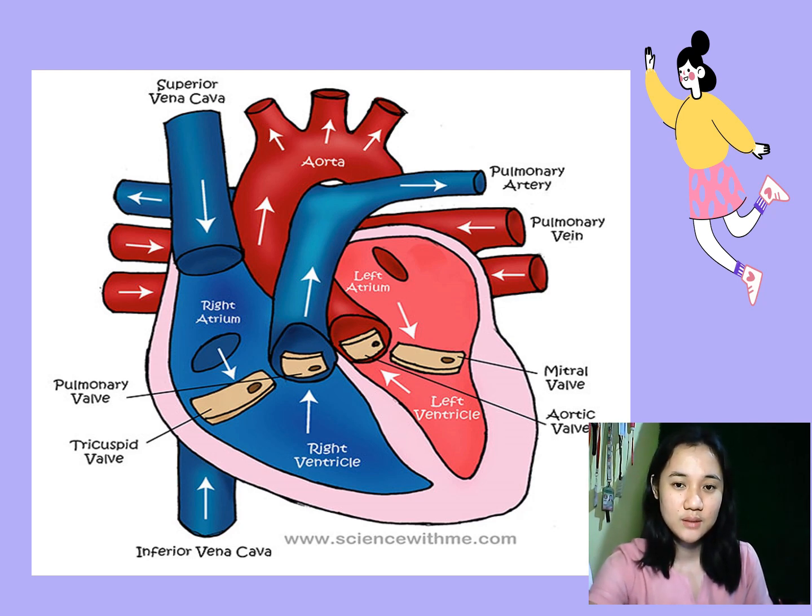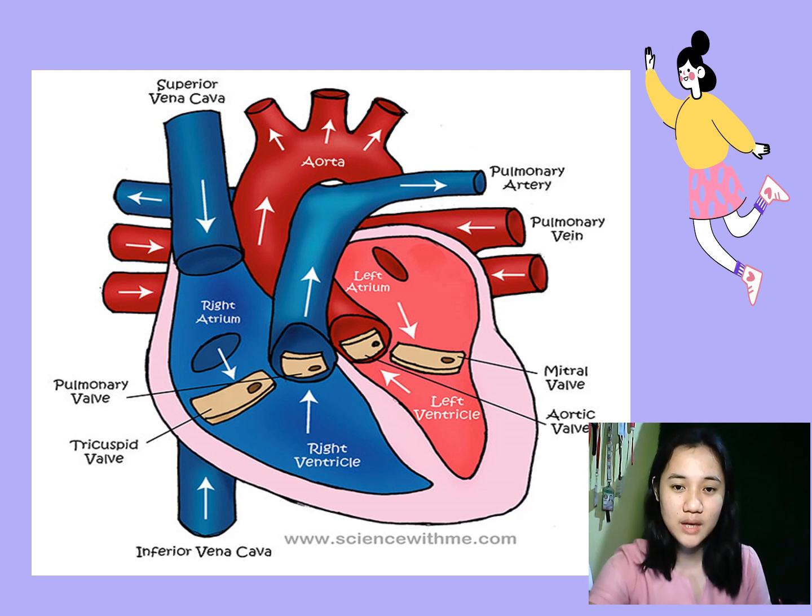And then, we have the pulmonary artery. So, this one, papunta yan sa lungs. Then, we have the pulmonary vein. Ito naman yung vein o yung blood vessel na galing sa lungs. Mag-meet sila dito, okay, so left atrium, papasok sila sa left atrium.